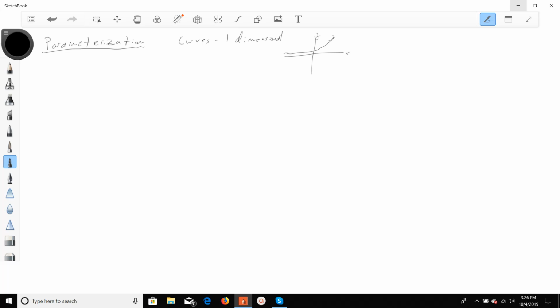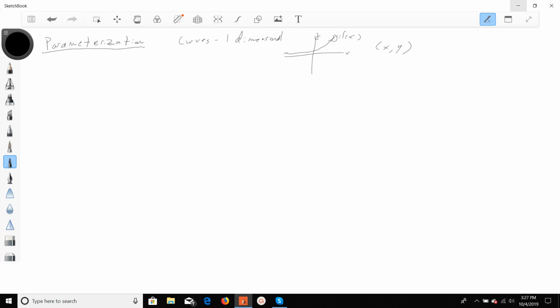So it would make sense that we'd be able to describe this curve, y is equal to f of x, rather than the usual x and y that we have.